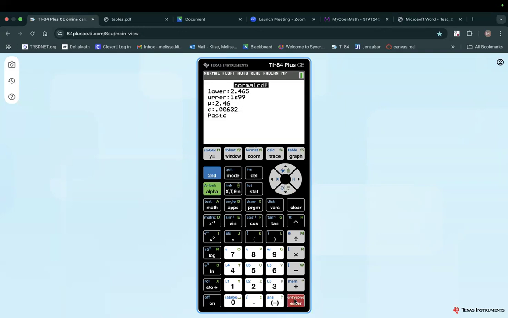Go down to paste. Bam. So that probability is approximately 0.2144. So we have about a 21.4% chance of randomly taking a sample that has an average weight of 2.465.